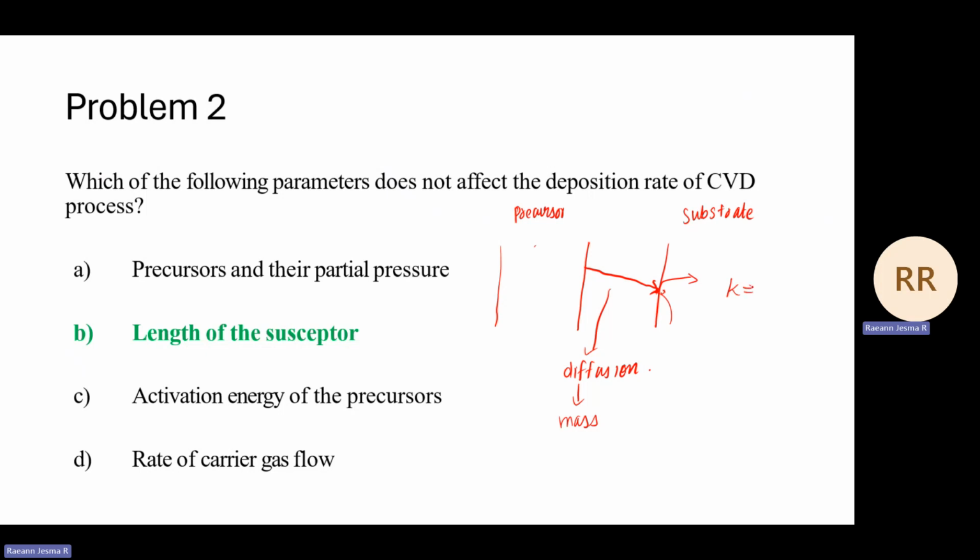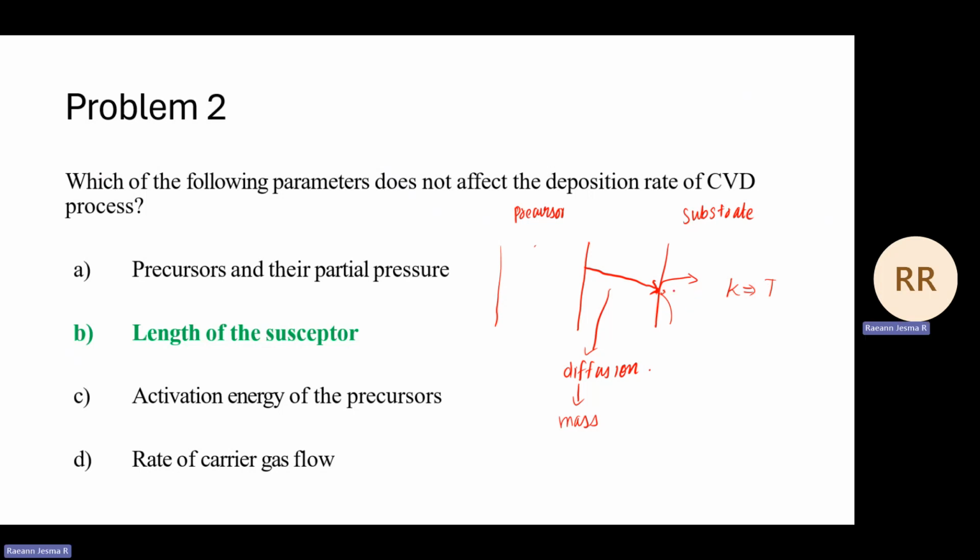Again, this reaction rate will be dependent on temperature. If you are not giving sufficient energy for that reaction to happen, then like I told, the reaction will not happen. If you have given sufficient energy, then the reaction will happen without any issue.